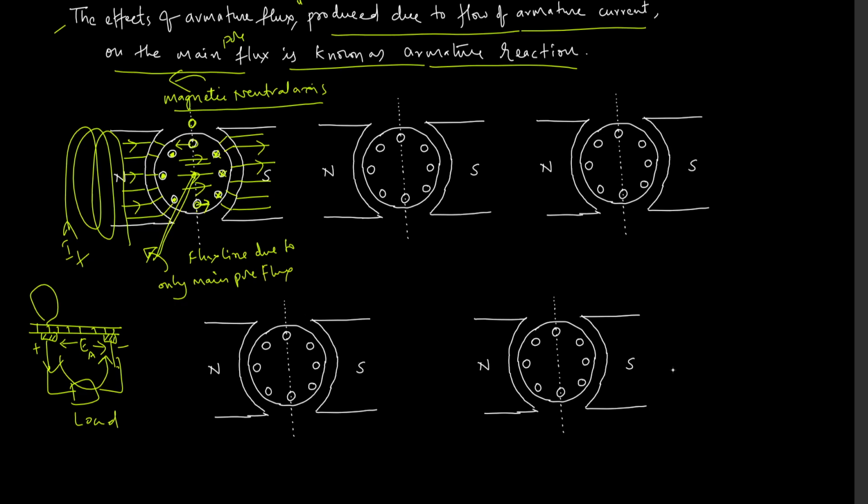Now I am drawing only those due to armature currents. Currents flow because I have connected some load to the brushes, and so currents flow in the conductors like this.